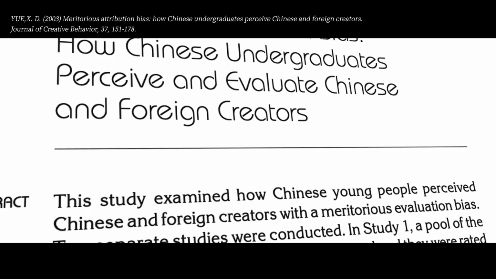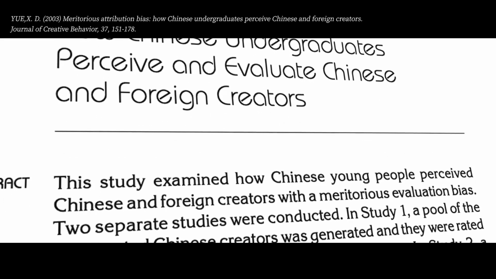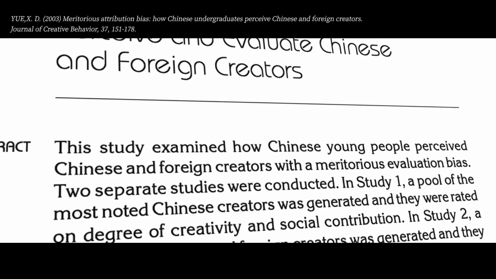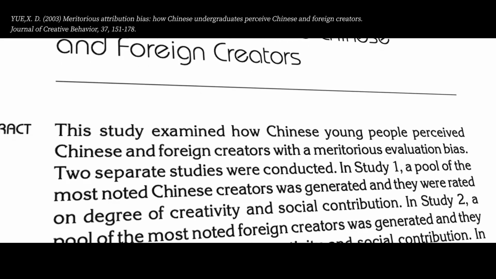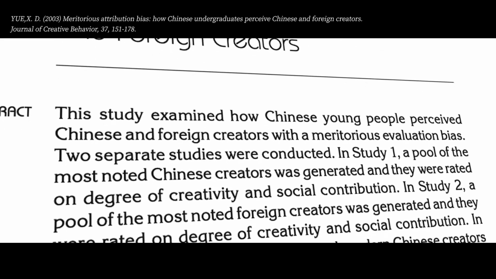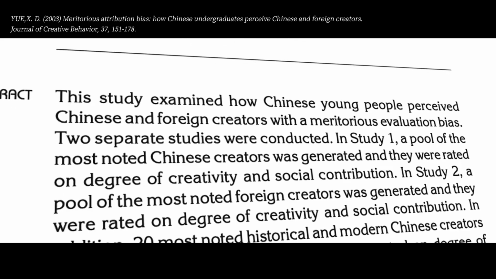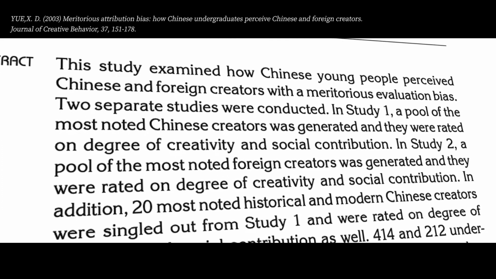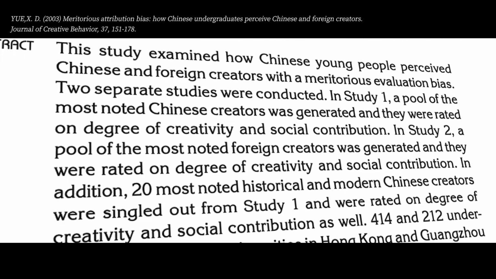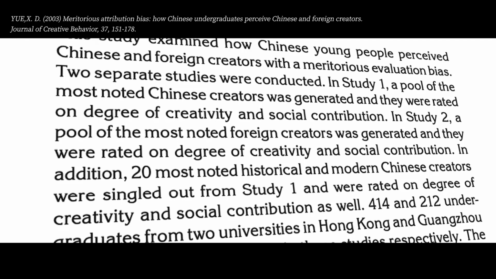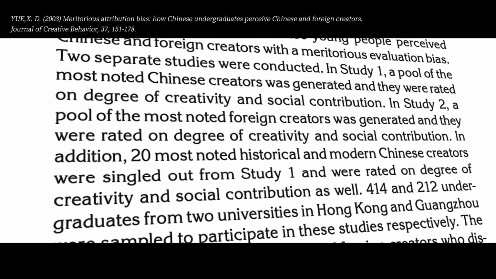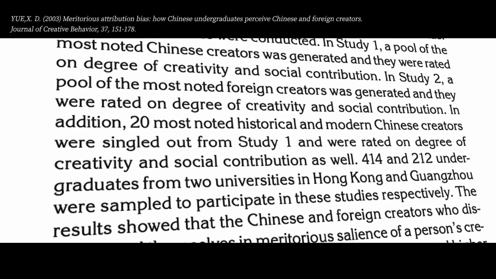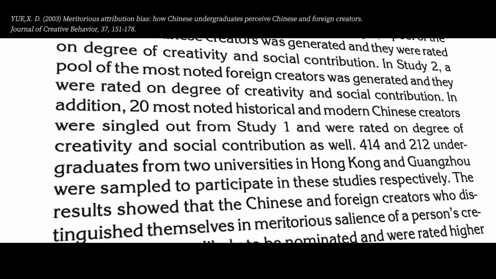In this article, I proposed a theory called Meritorious Evaluation Bias, meaning some people, particularly Chinese, when they look at creativity, look at the merit of the creativity rather than the novelty of the creativity. So it's the merit that determines the value of your creativity. It's not the novelty that determines the value of your creativity. If you care, you can read my article.